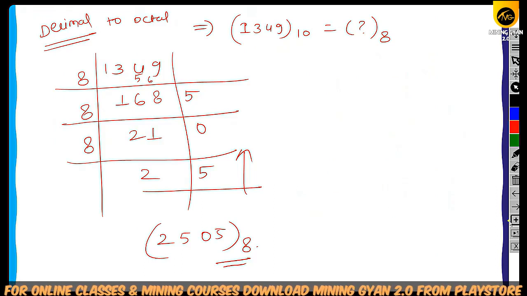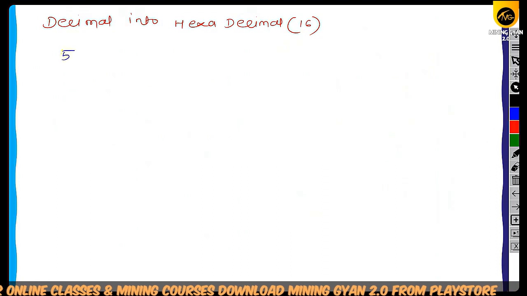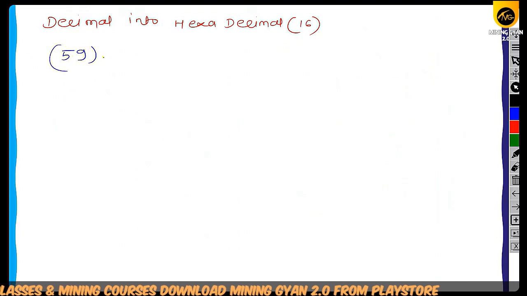Now the last one is decimal into the hexadecimal system. Always remember the base number of hexadecimal is 16. Suppose the number is 59, in decimal form.